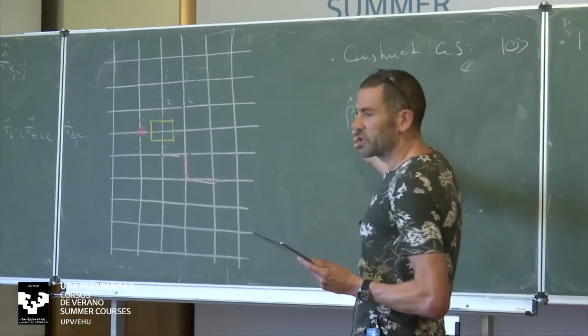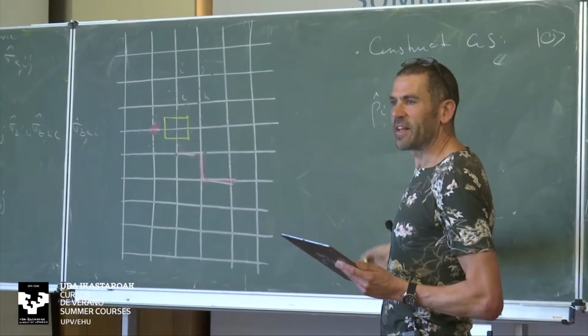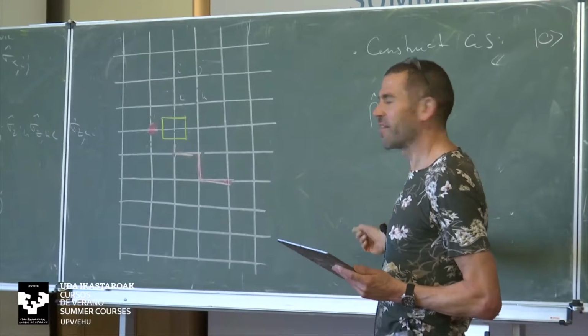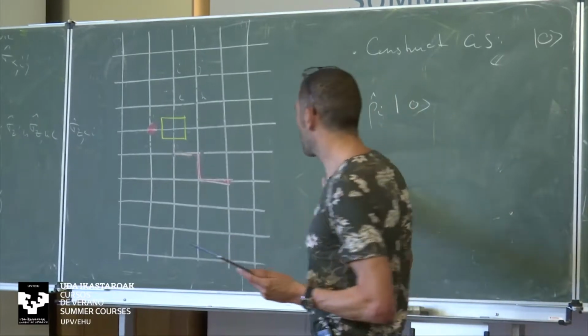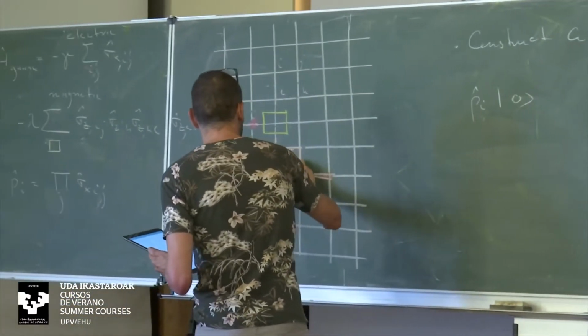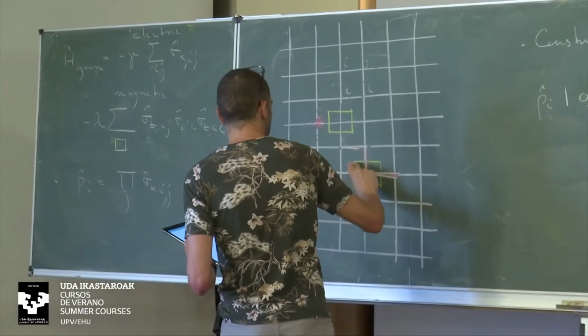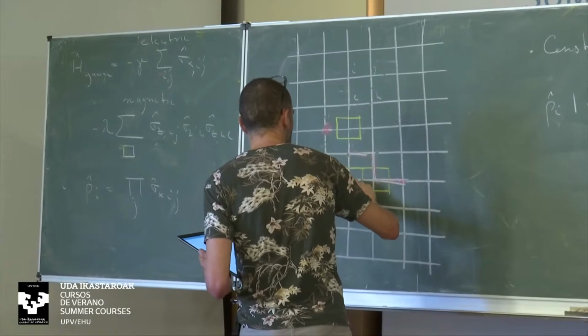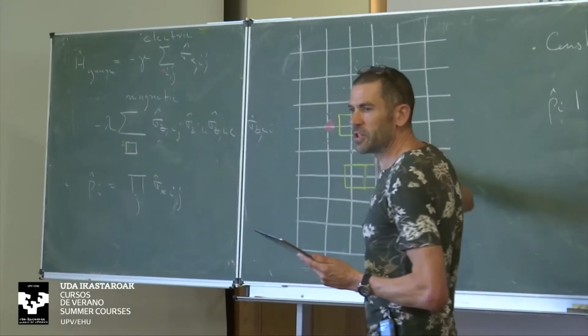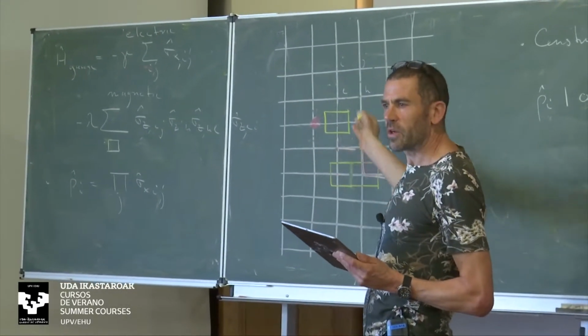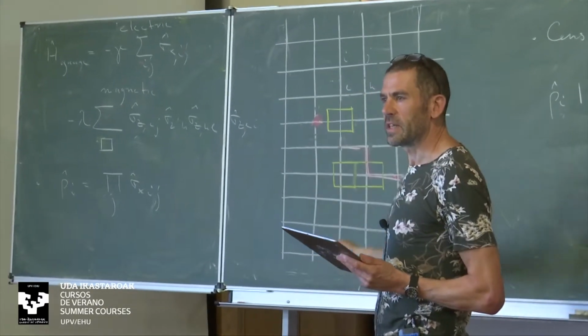Now, just for the fun of it, we can keep hitting our state with more rho I's. We just add a few more. And what we will get then is configurations like this, or maybe even that here. So we get a superposition of all kinds of loop configurations on the lattice.